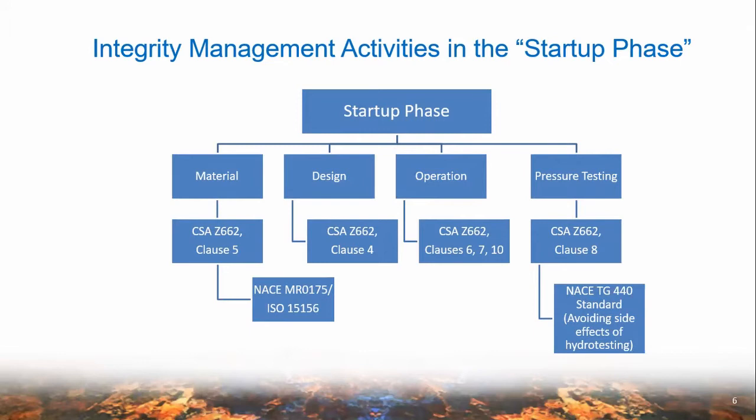If things are not done properly, the pipeline will fail during the pressure testing or the hydro testing. CSA Z662 provides good guidelines on all these activities.